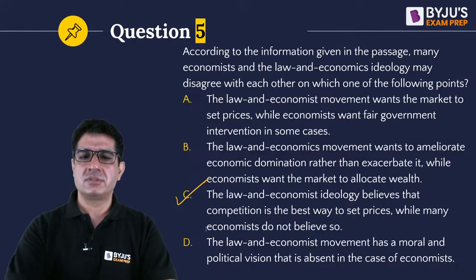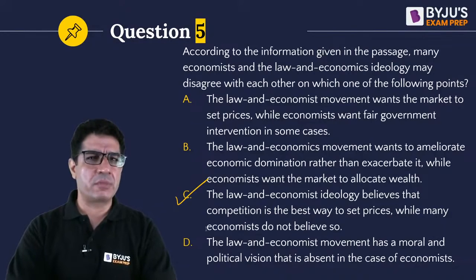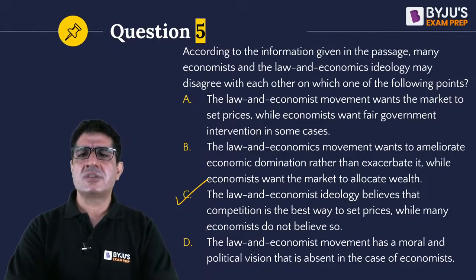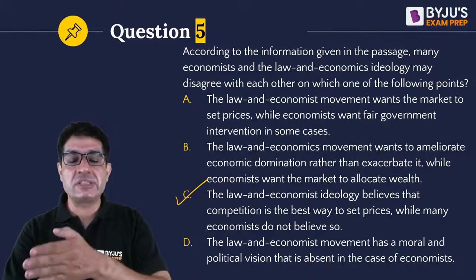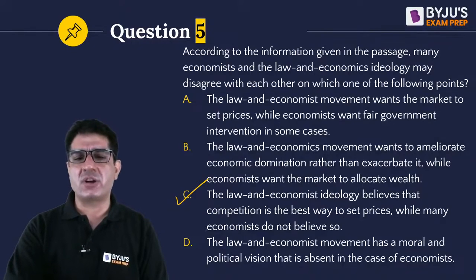Right. So if you look at A, fair government intervention has not even been mentioned. So that helps us eliminate option A. Option B contradicts the passage, but it does not point out specifically towards the difference between economists and that particular ideology. So that goes beyond the scope.